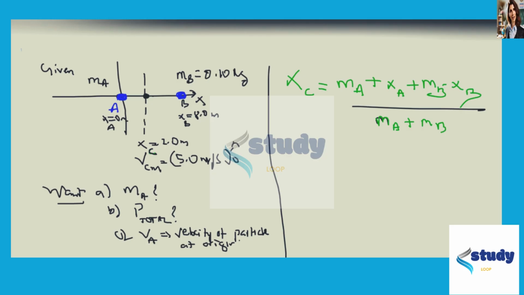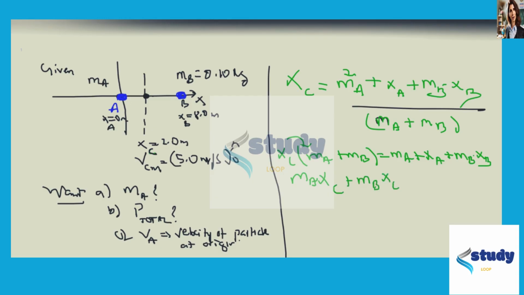Okay, so that's what we're given. And so our goal is to solve for the mass of A. We'll multiply both sides by this value, so we get XC times (MA plus MB) equals MA plus XA plus MB XB. And so we use the distributive property right there: MA XC plus MB XC equals MA plus XA plus MB XB.